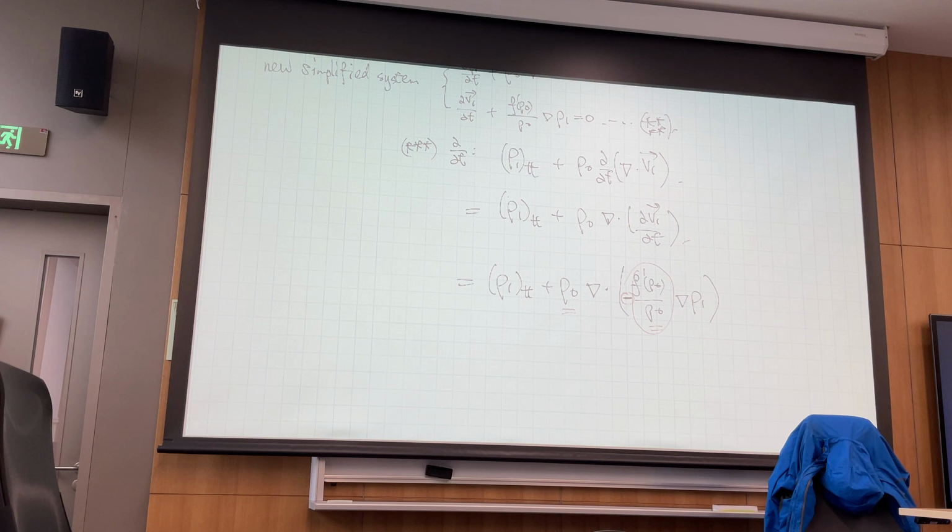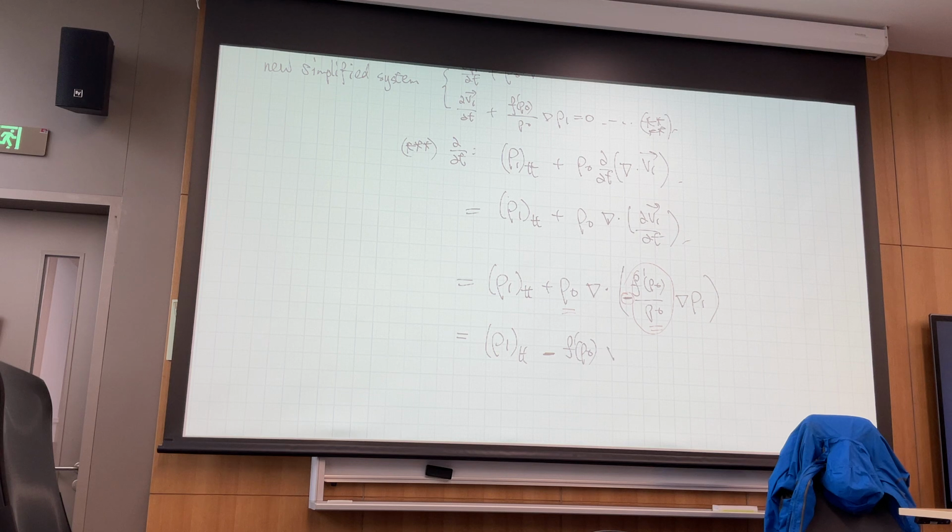So what we really have over here, again, the first thing is rho 1 tt, and then plus, well, actually, the plus will now become minus due to the negative sign. Minus f prime rho 0, and the other two rho 0s will cancel each other.